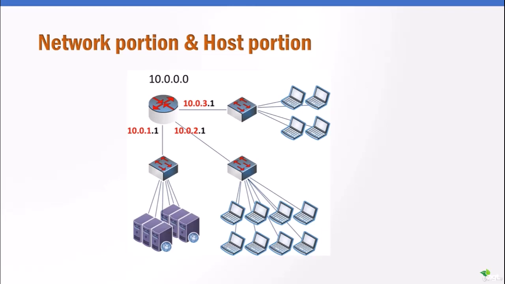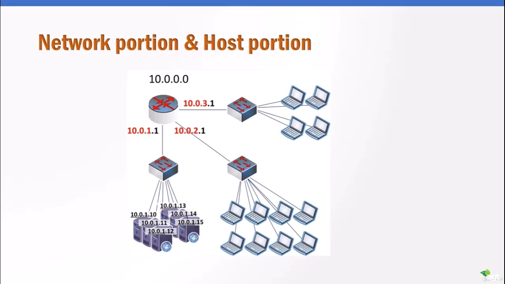Let's look at what IP addresses are going to be assigned to our end devices. The servers are going to have addresses like 10.0.1.10, 10.0.1.11, 10.0.1.13. I hope you can already see the part that's being repeated. All of these devices are going to have addresses that begin with 10.0.1. That's the network portion.